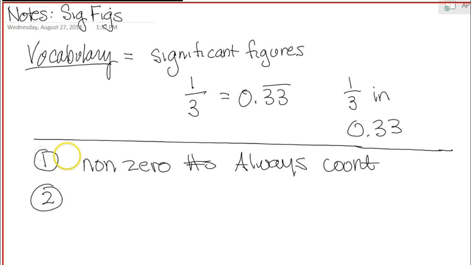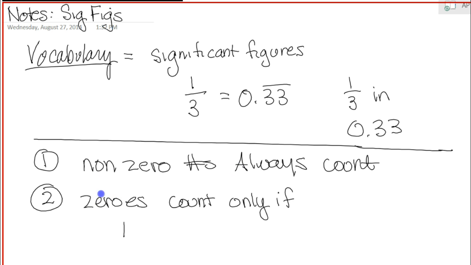Second rule is that zeros count only in certain situations. The first situation is if they're captive. What that means is if they're trapped between two other numbers. So if they're trapped between two other numbers, they count.